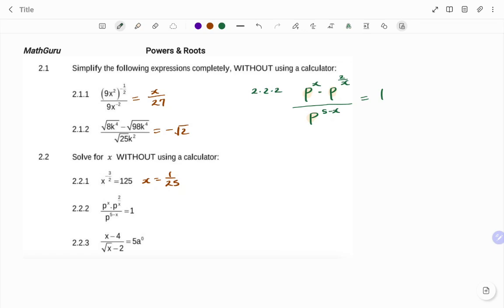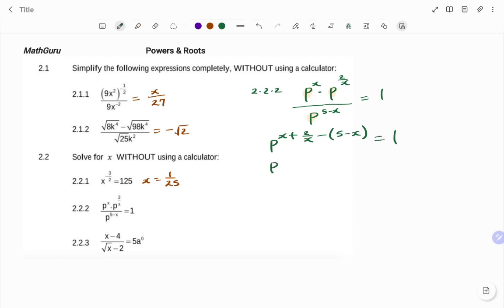if I choose to simplify the left hand side first, all the bases are the same, that's p, so simplifying the numerator, because the bases are the same and I'm multiplying, I'm going to add the powers, so that's x plus 2 over x. Dividing with the same base, I subtract the power, so that's minus, I'm going to put that in the bracket because it's an expression, equals to 1.